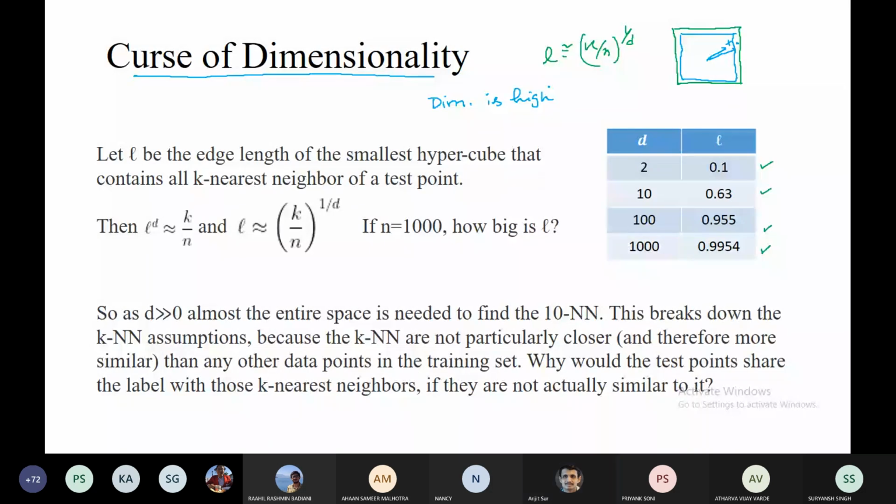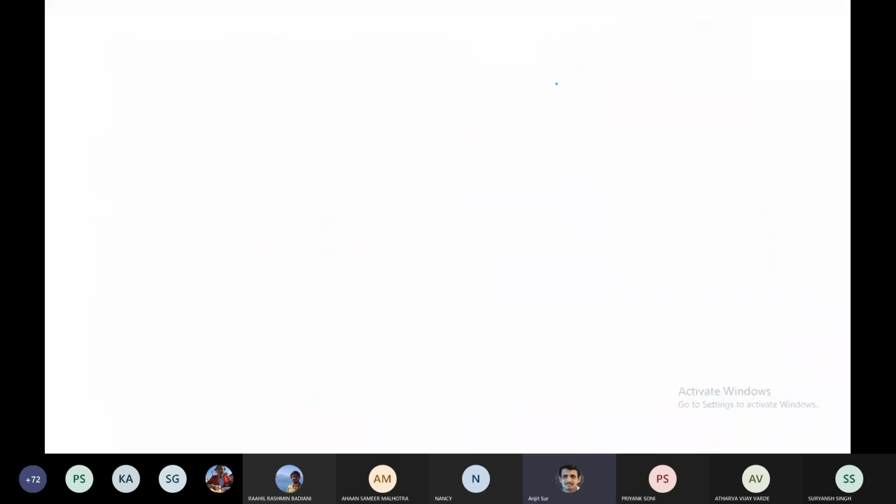Now, there is another way to understand it. This is understandable from a single dimensional space. Say we take a dimension from 0 to 1, just for example, and this is the space.